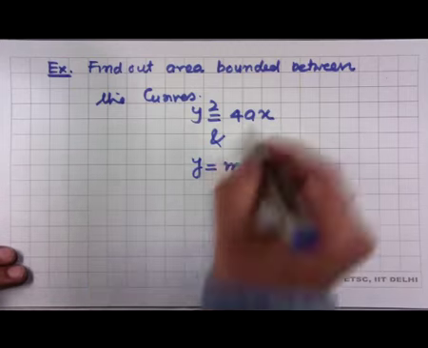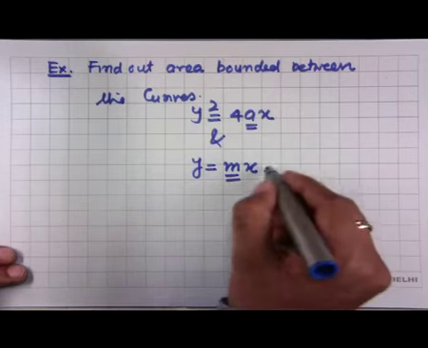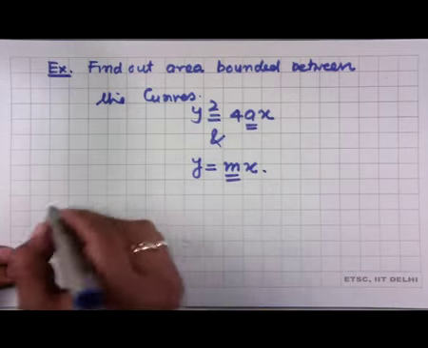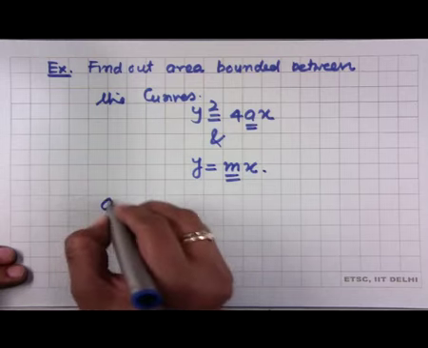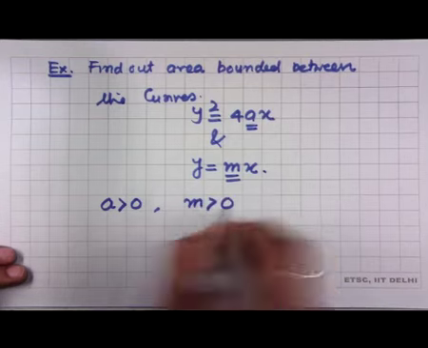We need certain conditions on a and m, so that we can at least plot these curves properly. So, we assume that a is positive and m is also positive.